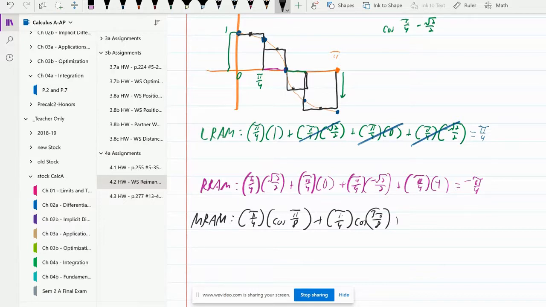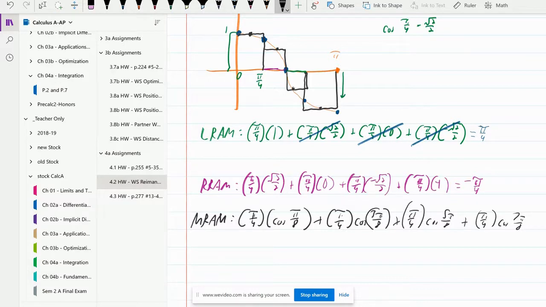Then we go plus pi over 4 times the cosine of 5 pi over 8. Oh, nope, wait, no, this is right. Pi over 4, this is pi over 8, 3 pi over 8, then 5 pi over 8, and then finally we have plus pi over 4 times the cosine of 7 pi over 8.